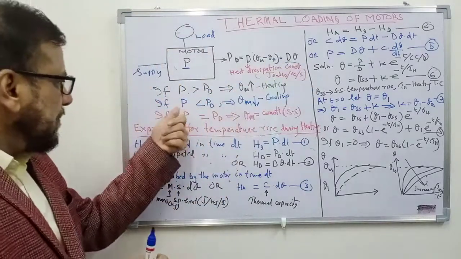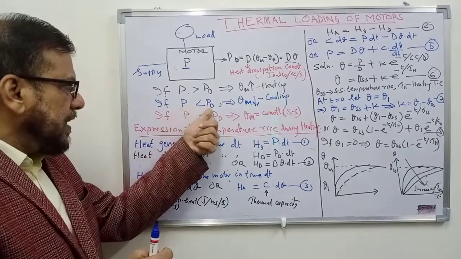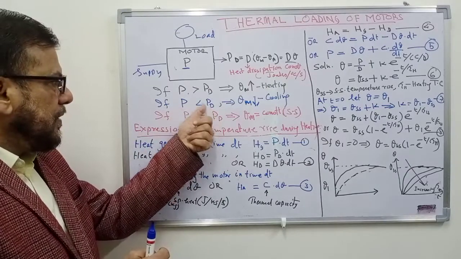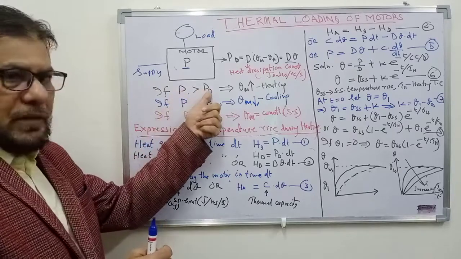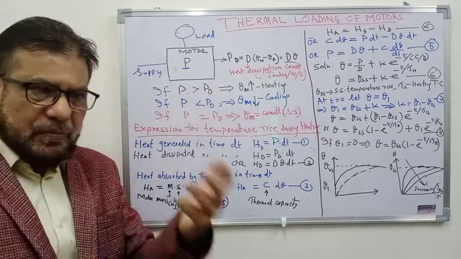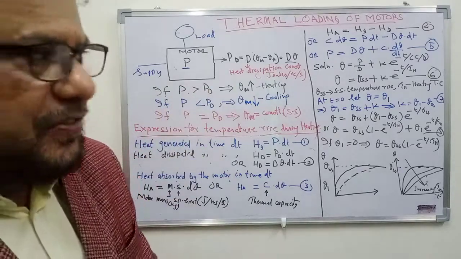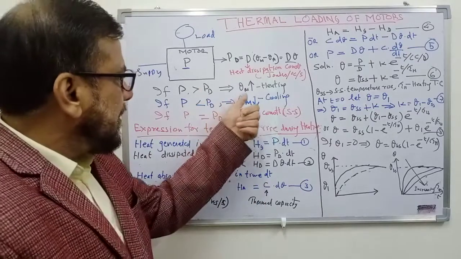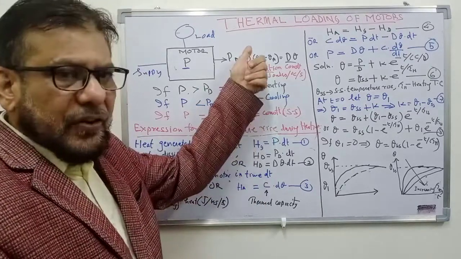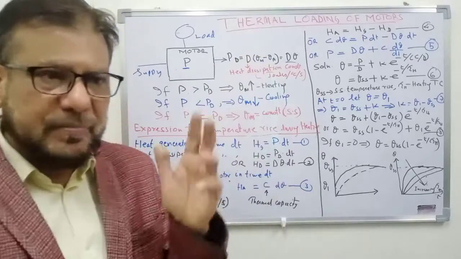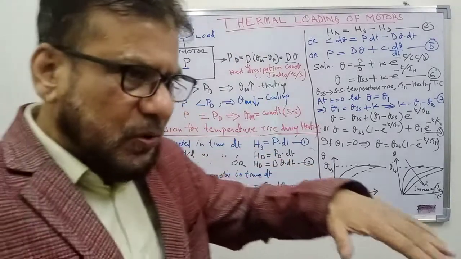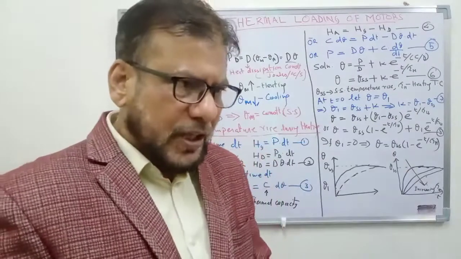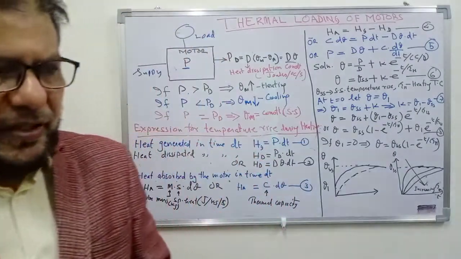So in the beginning, sorry, in the beginning, P will be more than P D, that is heat generated will be more than the heat dissipated, and what will happen is that the temperature of the motor will rise and the heating of the motor takes place.